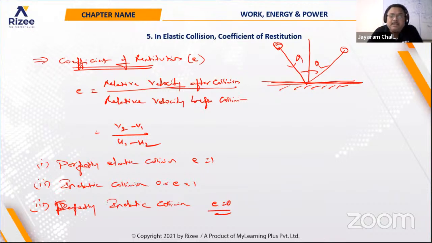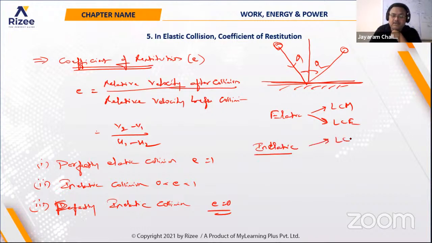So what will happen in the case of the inelastic collision? In the elastic collision, we use both relations, the law of conservation of momentum and the law of conservation of energy. But in an inelastic collision, we can use the law of conservation of momentum, but kinetic energy is not conserved in this situation.